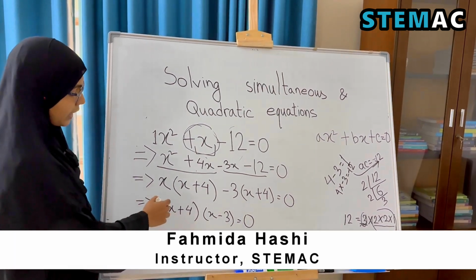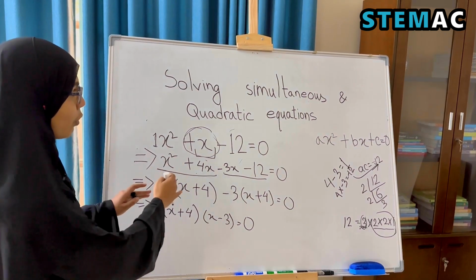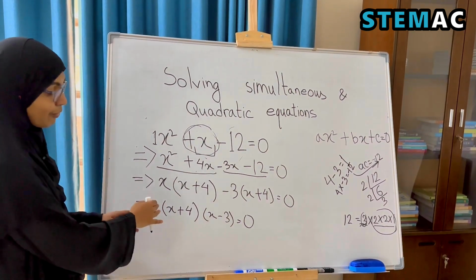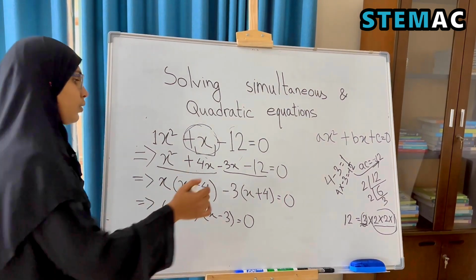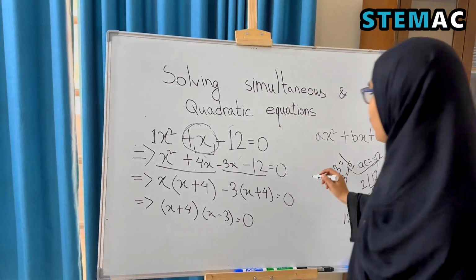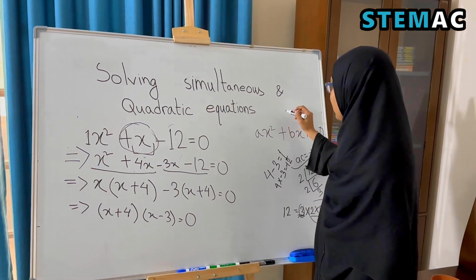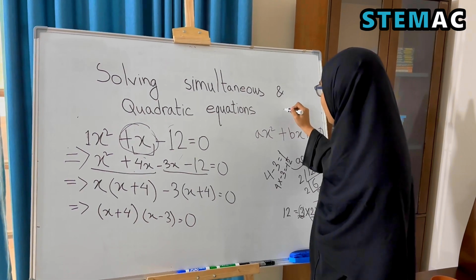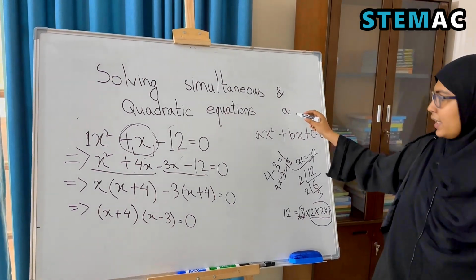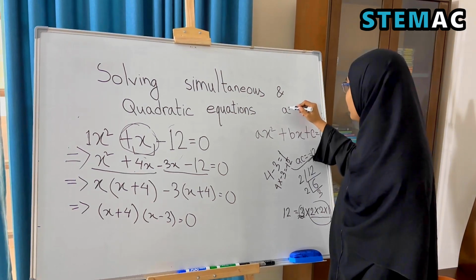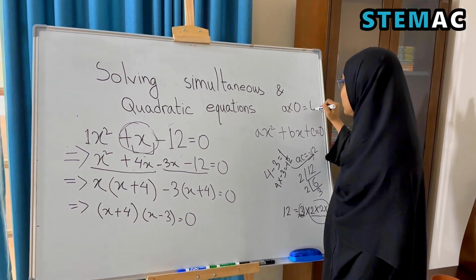So that is how we factorize quadratic equations, and now we are going to solve and find the value of x. We already know by this time that multiplying any number, for example a, as a could be any number, with 0 gives us 0.